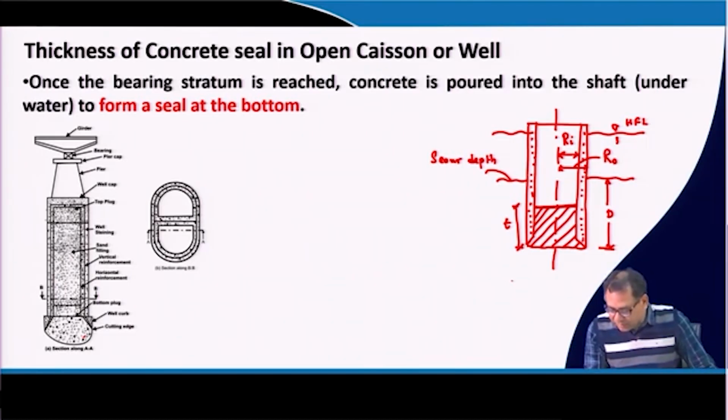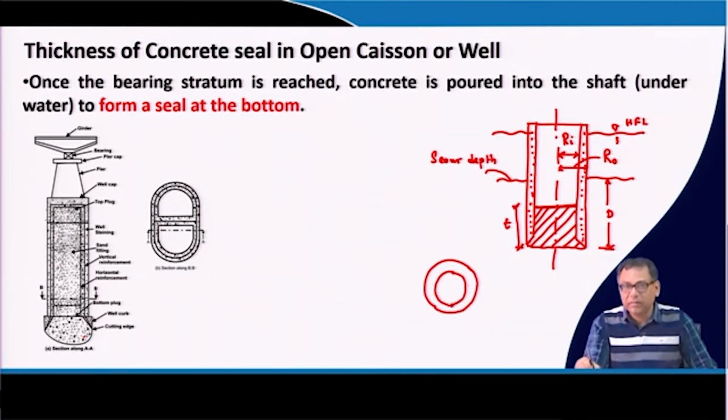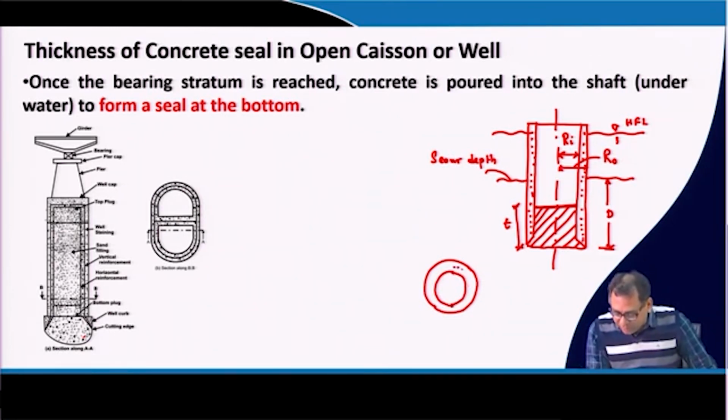Suppose there can be two types of OL, those are commonly used. One is the circular cross section, which is the section that I have drawn. So, this is for the circular OL.